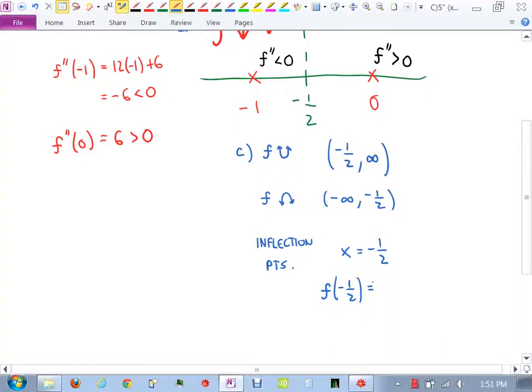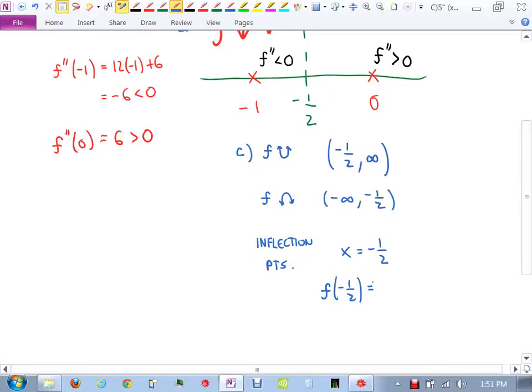Anyone? What'd you get? Negative 63 over 2? Anyone else got that? Negative 17? Anyone else? I'm looking for 2 people to confirm the answer.